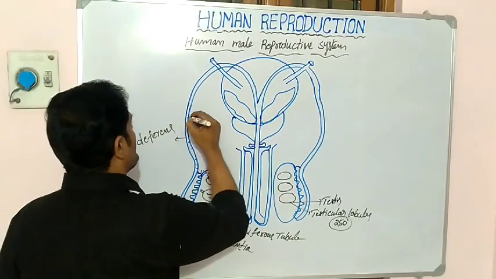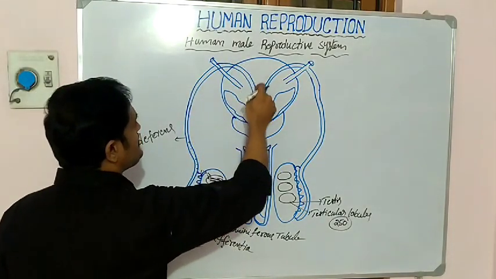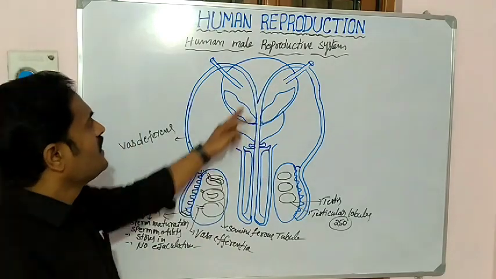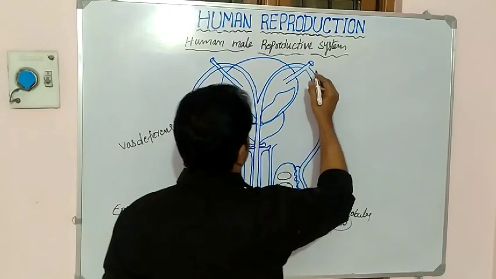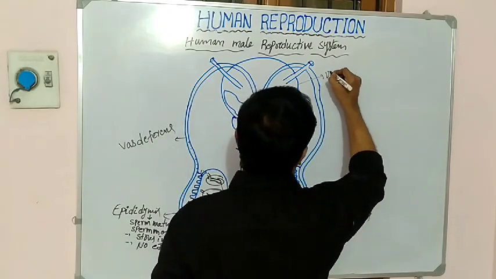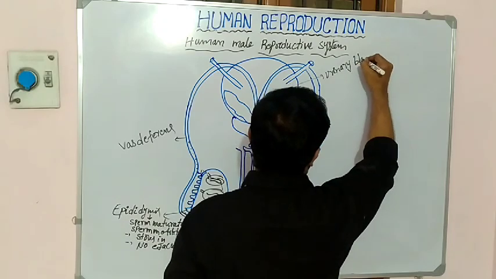Then this vas deferens continues and goes toward the urinary bladder. This bag-like arrangement is called what? Urinary bladder.